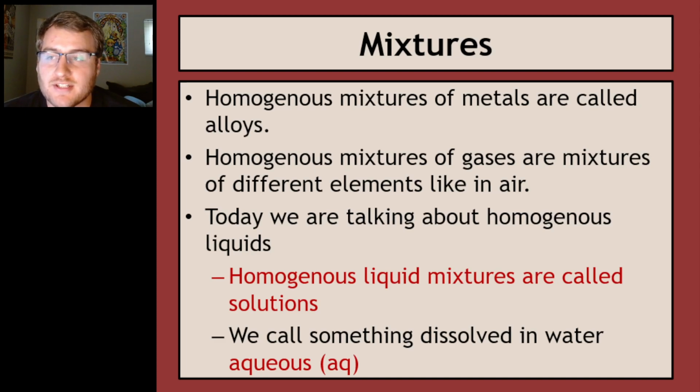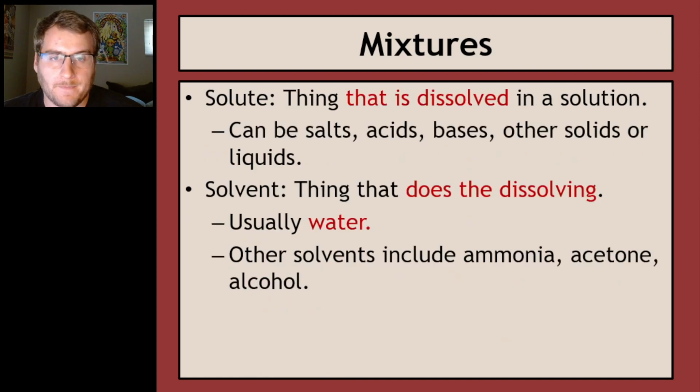And today we're talking specifically about homogeneous liquids, which is multiple different types of liquids added together and mixed up completely evenly. And we know they're called solutions. We also will talk about things being dissolved in water, mainly solids that you dissolve in water, being aqueous. So something dissolved in water is aqueous, and we give it its state of matter symbol, an (aq) in parentheses.